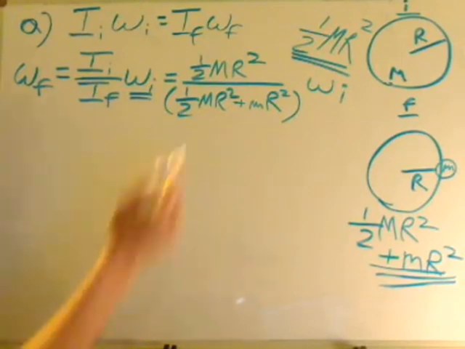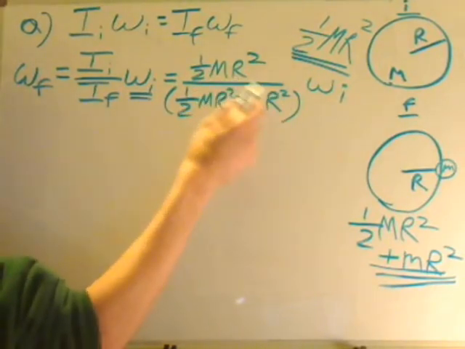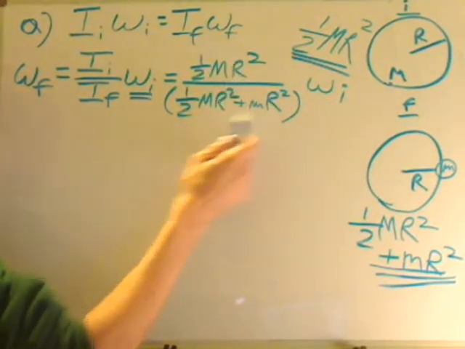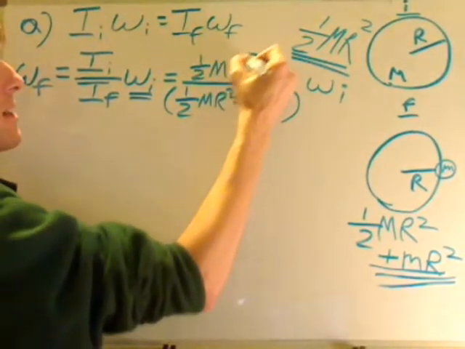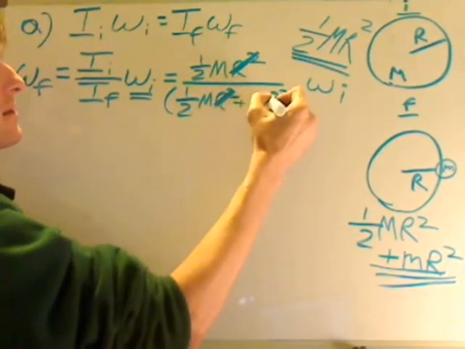Now the r squareds all cancel out. There's r squared in each of these terms, and we don't need it for this problem.